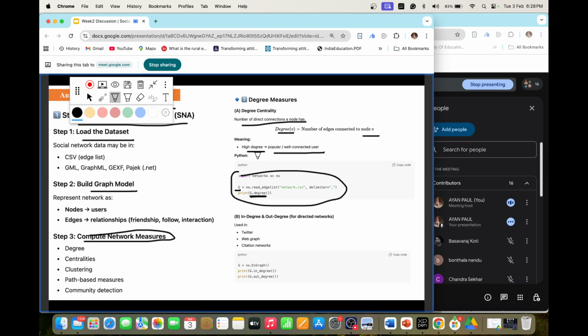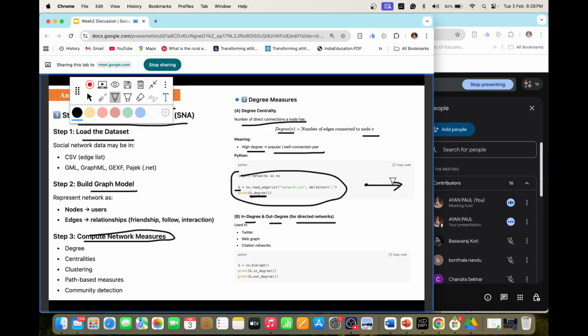Now this degree is generally used for undirected graphs. Undirected graphs means both-way graphs, meaning they do not have any direction. But in the case of directed graphs, we use in degree and out degree, because a directed graph has a certain direction.